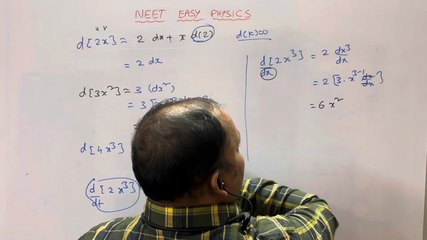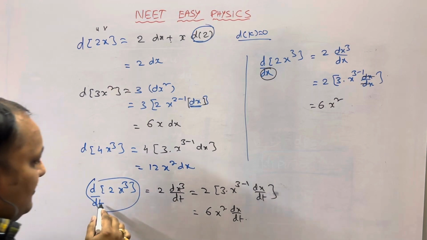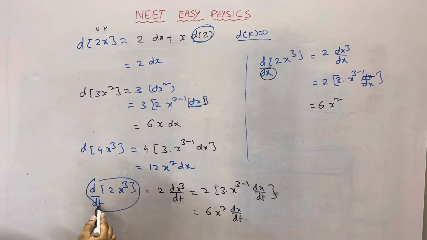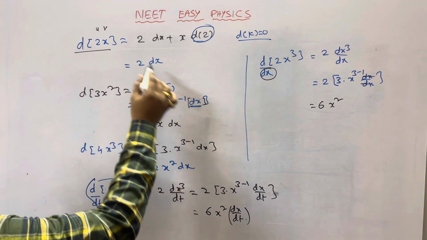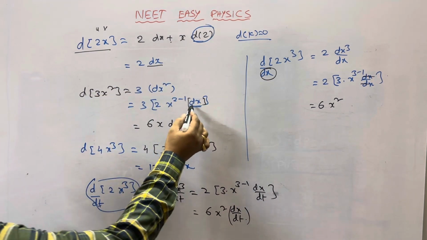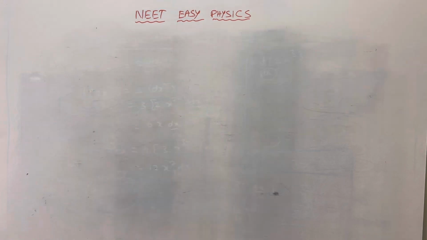See, whenever we differentiate with respect to x, nothing extra comes beside it. But with respect to a different variable, not x, at that time dx by dt comes in the differentiation. Just try to understand by taking more examples. You can do it very fast.